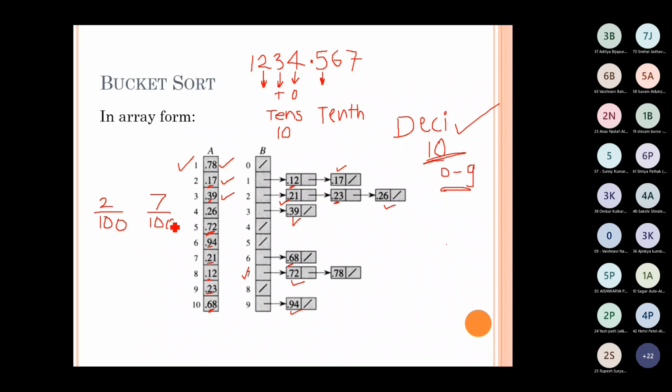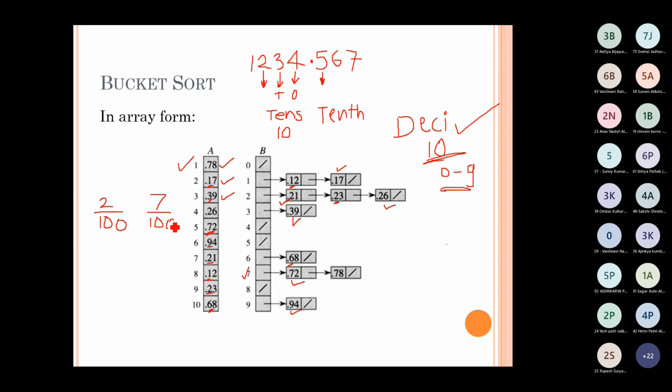Point 12 or 0.17? Point 12? Right? So accordingly you have to do the sorting of each bucket.